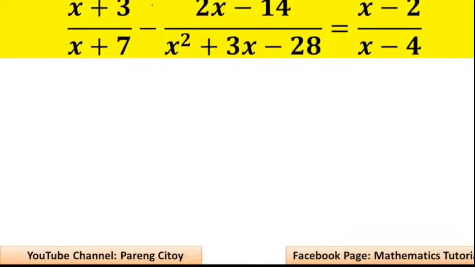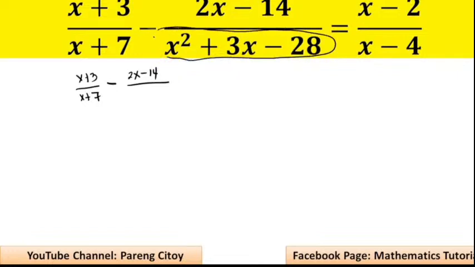Another example, we have x plus 3 over x plus 7 subtract 2x minus 14 over, ito, factor nito is x plus 7 times x minus 4 equals x minus 2 over x minus 4.